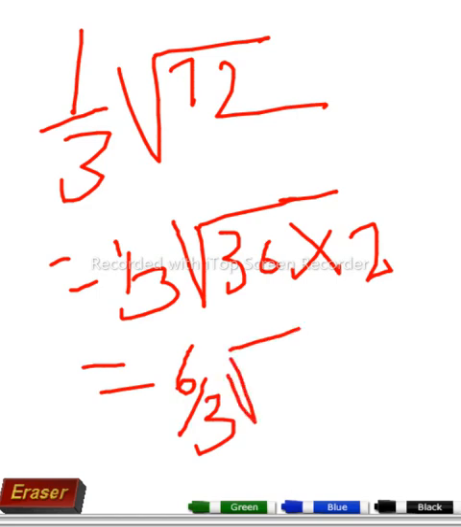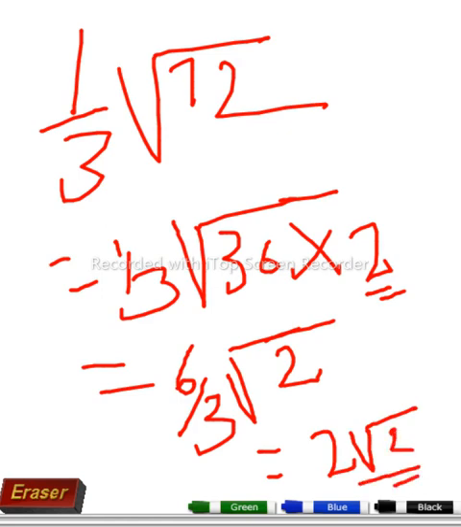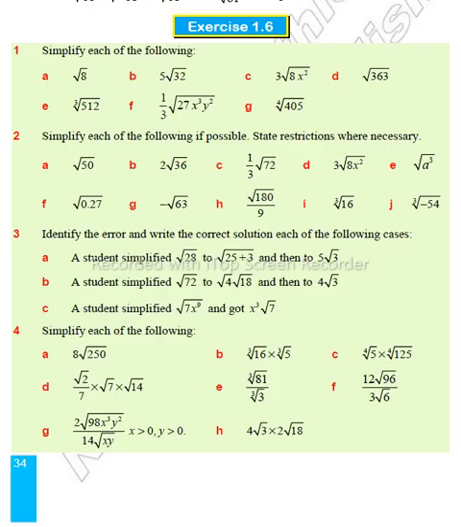We keep the 2 here, because this 2 does not come out of the square root. So 6 over 3 is 2, and the final answer will be 2 square root of 2. This is after simplification.